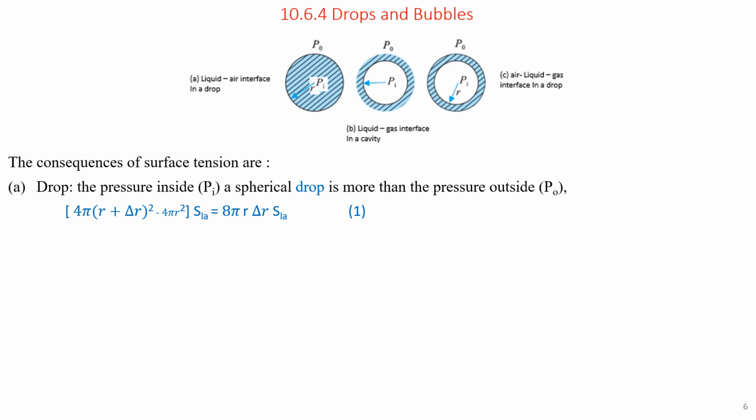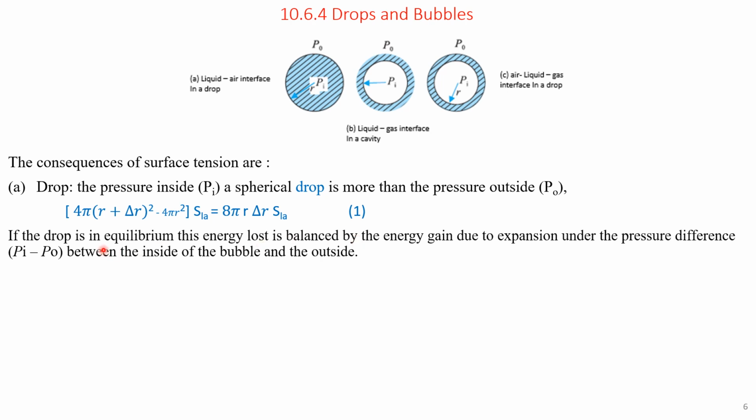If the radius increases by delta r, the extra surface energy is given by 4 pi into (r plus delta r) whole square minus 4 pi r square, into S_LA, where S_LA is the surface tension of the liquid-air interface. Expanding and simplifying, we get 8 pi r delta r into S_LA. Let it be equation 1.